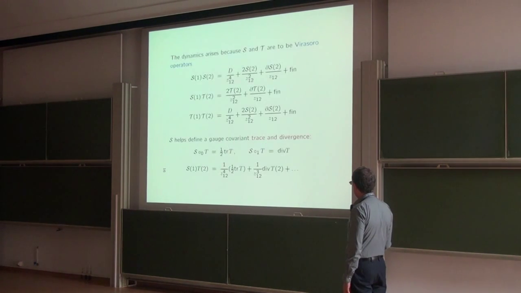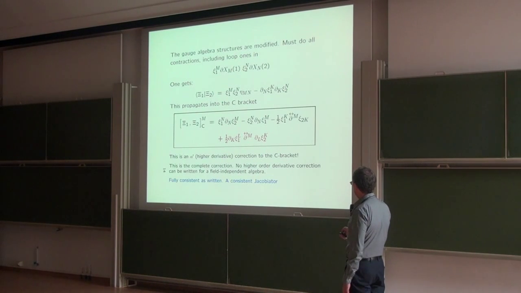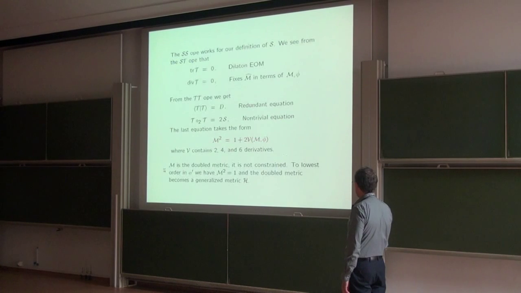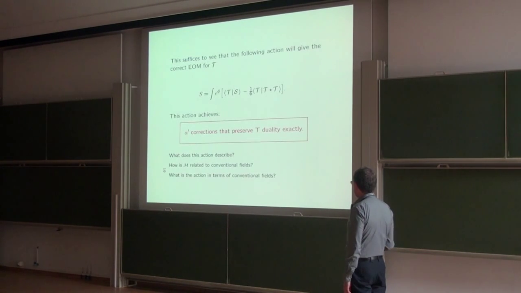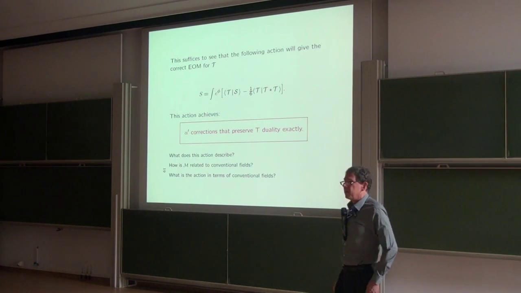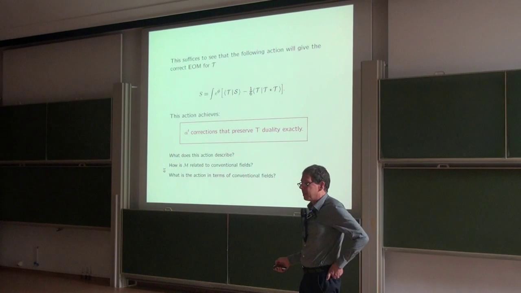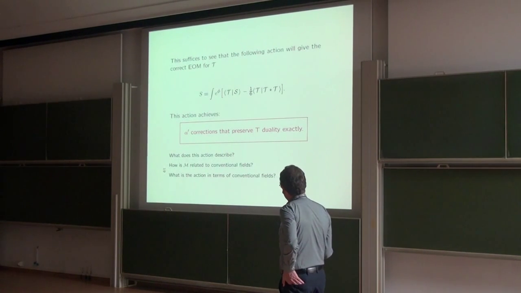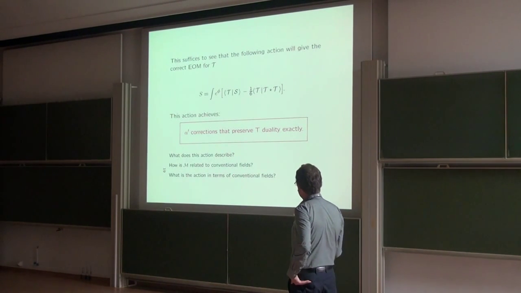You've seen the alpha prime corrections show up in higher derivatives when you take OPEs. So this theory is full of alpha prime corrections, but they preserve T-duality exactly. So this theory is the focus of what I'm speaking about here today, and I want to understand what it is.